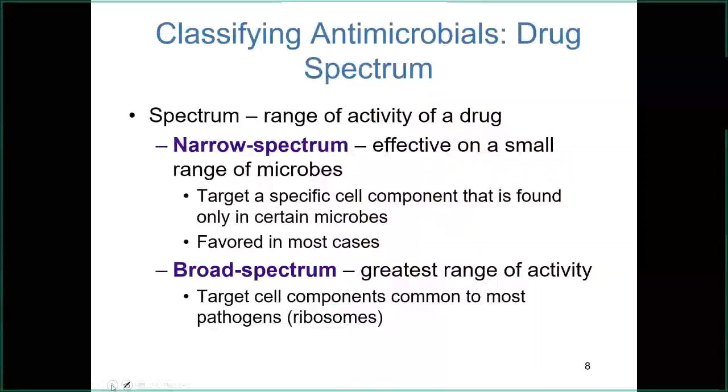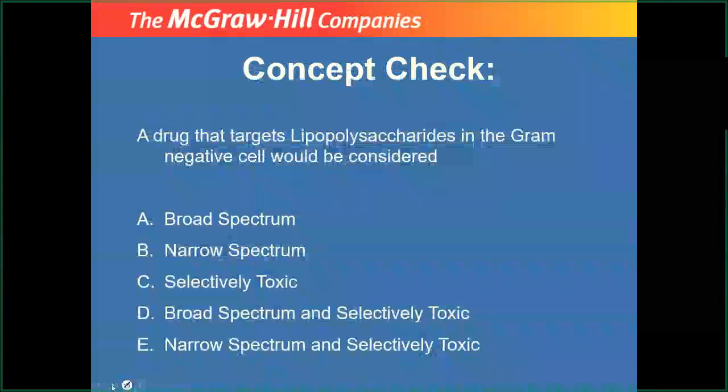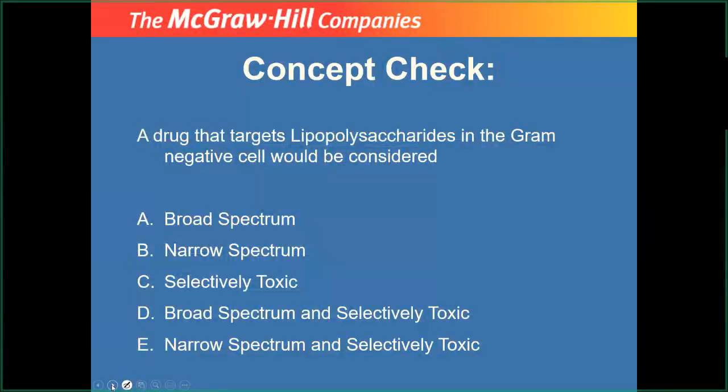All right, so yeah, we've already beat this one into the ground. Hopefully, narrow spectrum and broad spectrum, those terms make sense to you now. So review that. Okay, so let's look at this. A drug that targets lipopolysaccharides, that would be the LPS, in the outer membrane of a gram-negative cell.